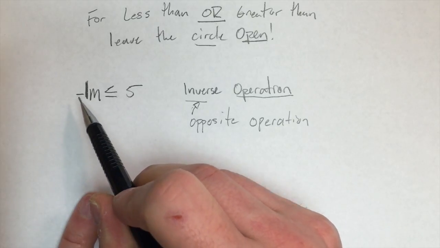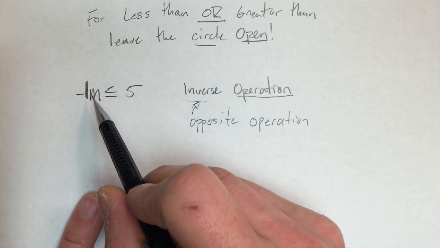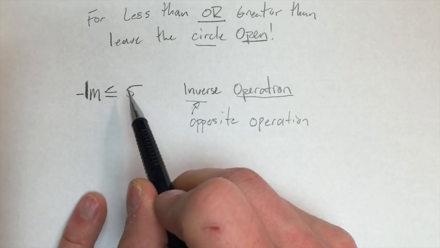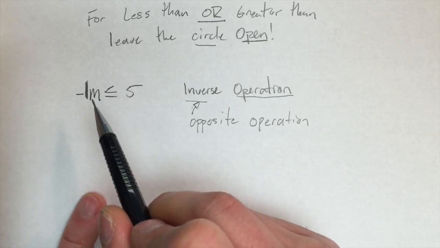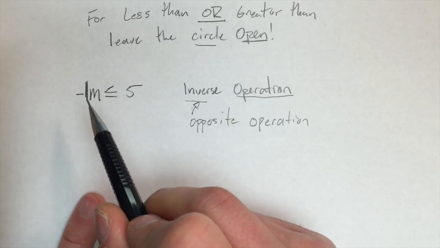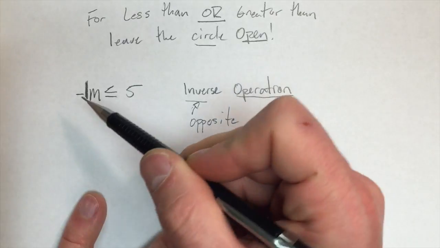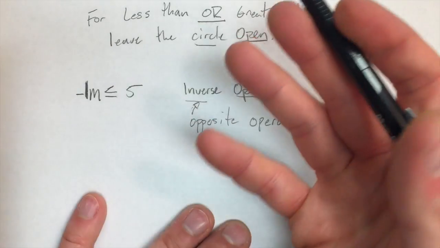So we have negative 1 multiplied by m is less than or equal to 5. What is the opposite of multiplication? Division.